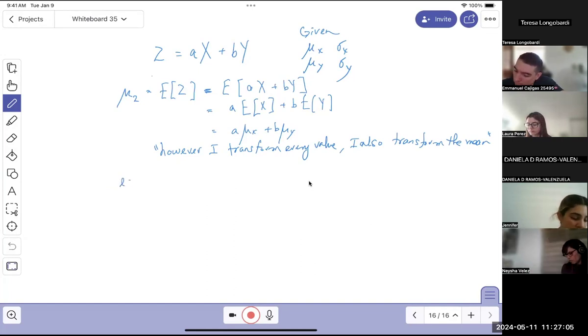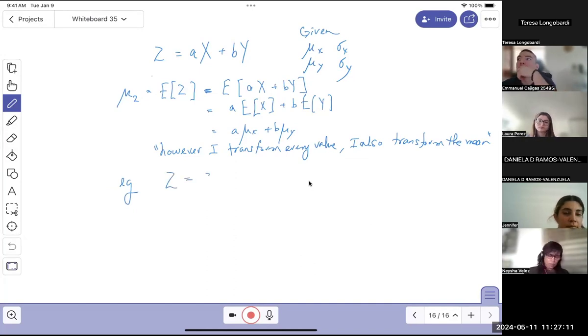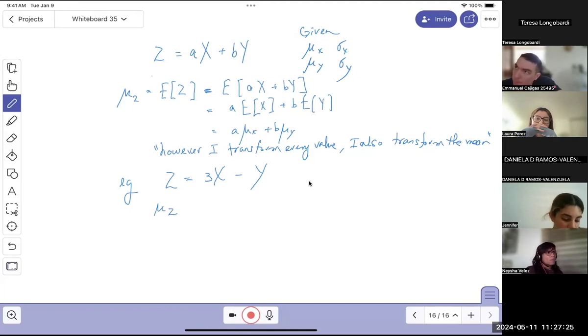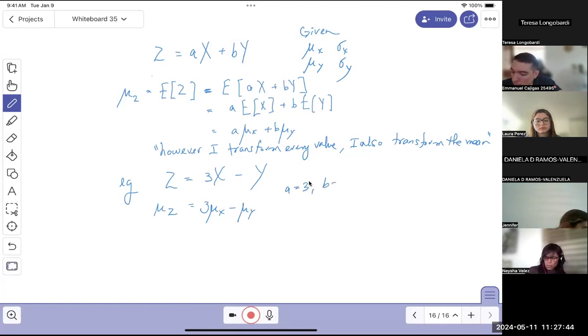Okay, so let's say, for example, I'm going to create Z equals 3X minus Y. And what is the mean of Z then? It'll be 3 mu X minus mu Y. In here, A was 3 and B was minus 1.